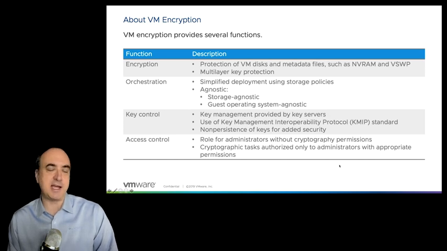There are also access controls where the principle of least privilege is applied. You can define a small set of administrators who have access to the encryption capabilities, and then you have the majority of administrators who can do everything except for encrypted tasks.